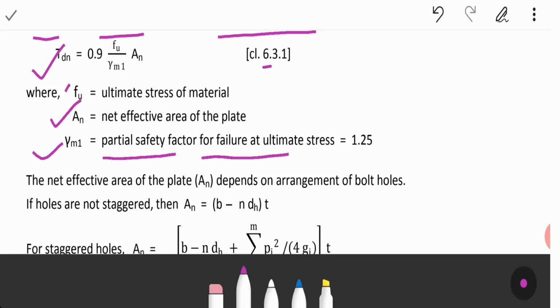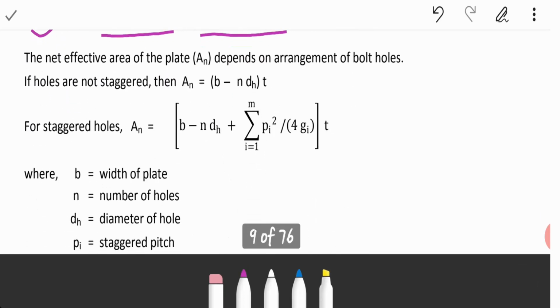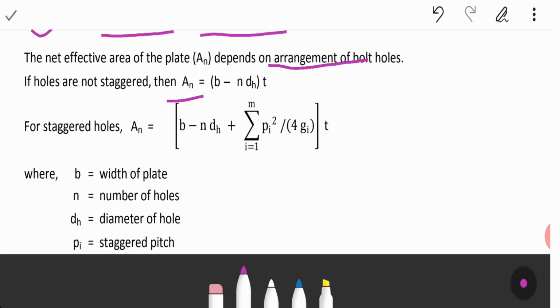Now, the net effective area of a plate An depends on arrangement of bolt holes. If holes are not staggered, then An is equal to (b minus n dh) into t. Okay.